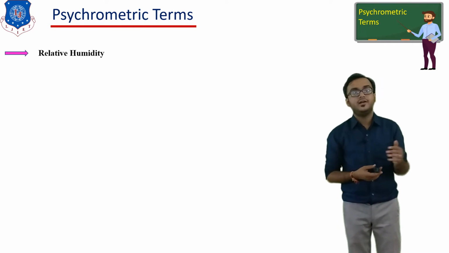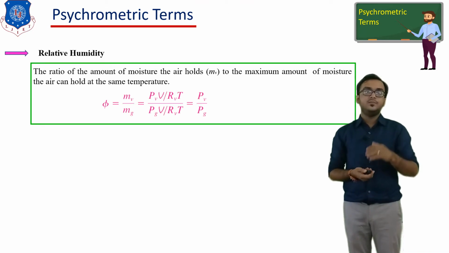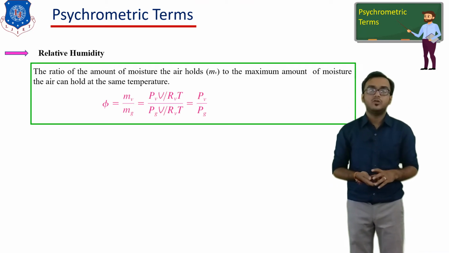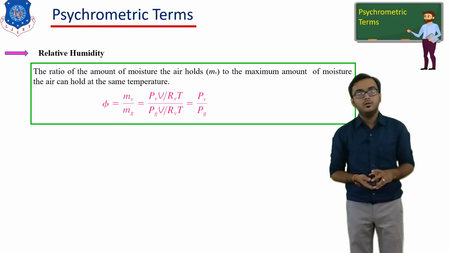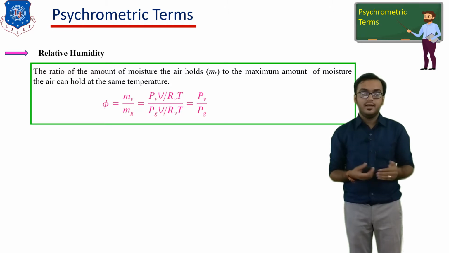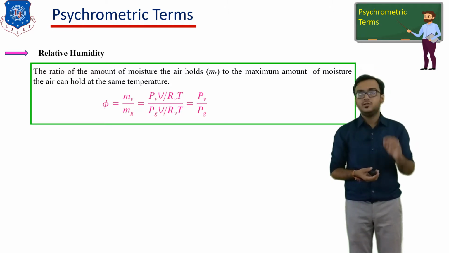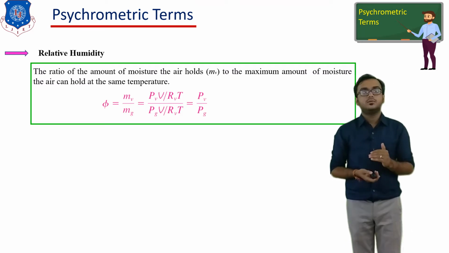Technically, you can define it as the ratio of the amount of moisture the air holds to the maximum amount of moisture that air can hold at the same temperature. Relative humidity is denoted by phi.